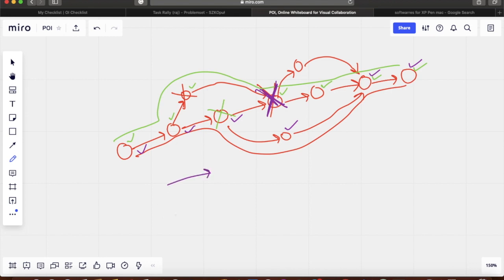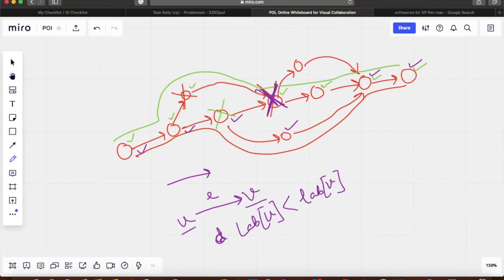In topological sorting, our constraint is that every edge from U to V gets two labels, and the label of U is always less than the label of V. This label is basically the topological ordering.